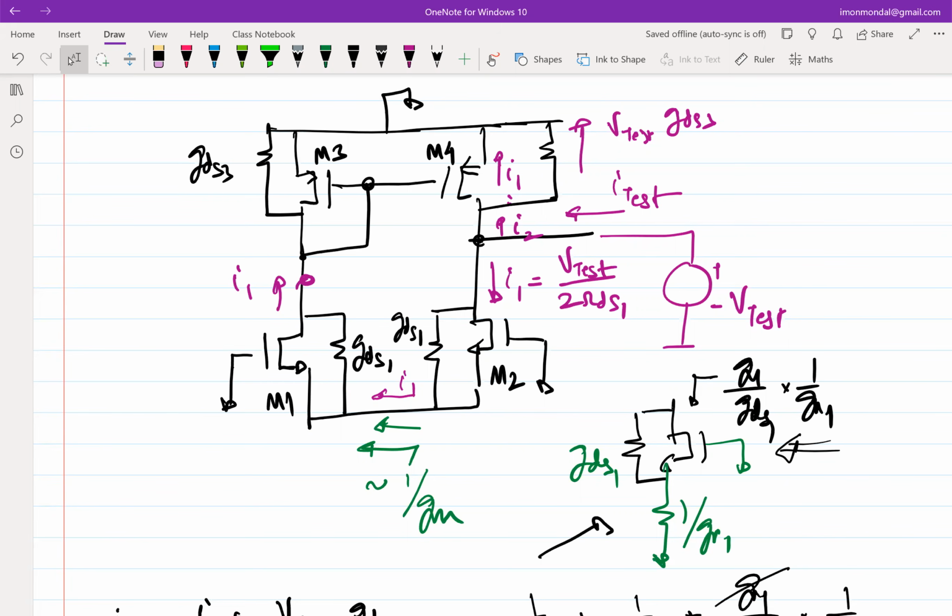Is it possible that GDS is comparable to GM? Yes, obviously, but the easiest way is to have different bias current through the two transistors. Let's assume the load has much more current; then its GDS will be much higher. If all transistors are in saturation, it's difficult to have GDS higher than GM with the same amount of current. If you can change the bias current, then surely you can. Or you have to push one into triode. If you push it into triode, then obviously GDS becomes much higher than GM.